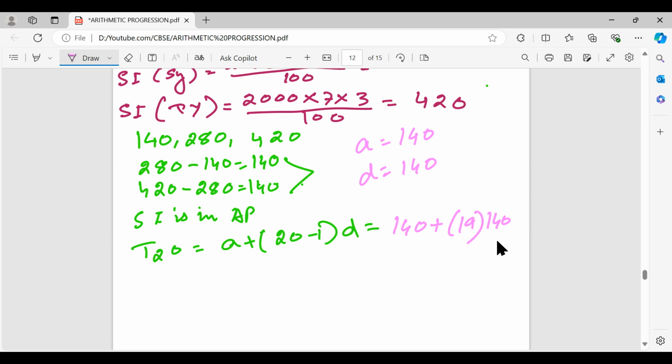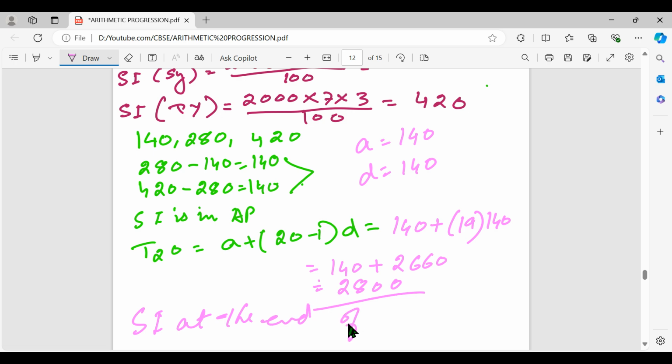Okay, and now we can calculate this. So you get 140 plus 2660, and that gives you 2800. So your simple interest at the end of the 20th year is 2800. I hope this is clear.